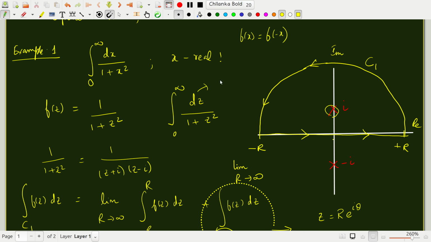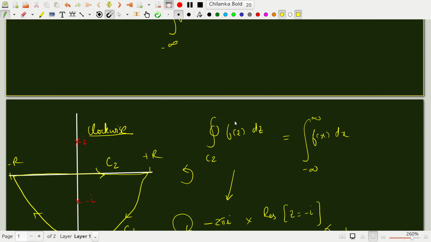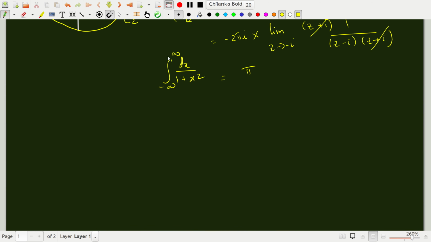So I can write this as half of the integral from minus infinity to infinity dx to begin with. Okay, so originally we wanted just 0 to infinity, and that is pi by 2.